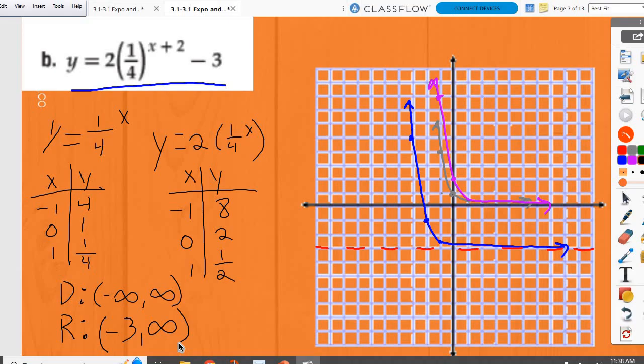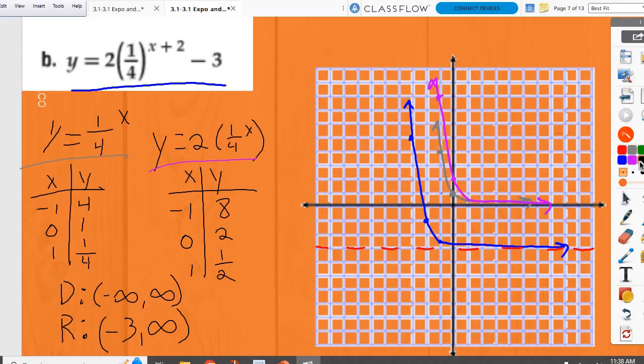Now, do you have to graph every single one of these pieces? No. I just think it's helpful to look at it visually. Most of the time, I'm at least going to graph the purple graph, because that gives me the shape of the graph that I'm supposed to be moving. So if you don't graph the gray graph, that's fine.